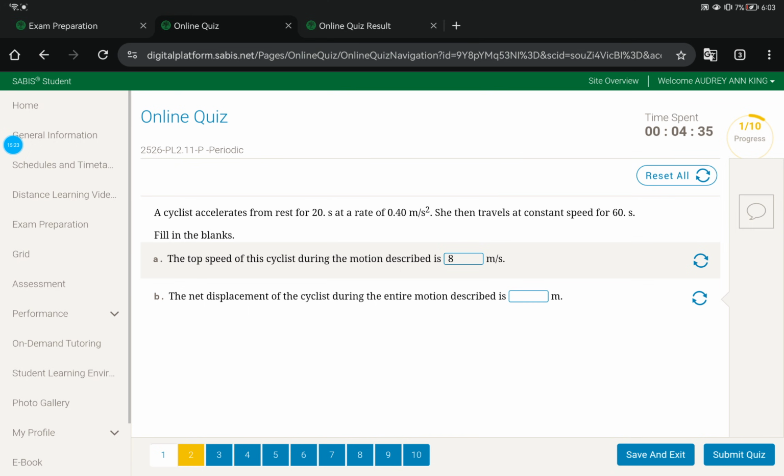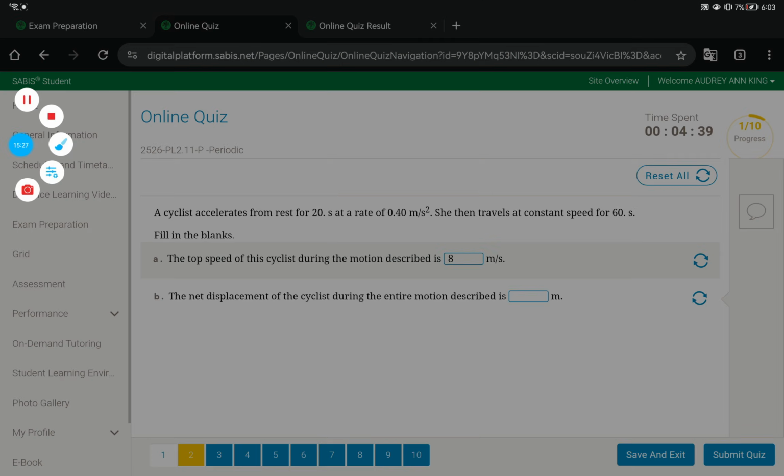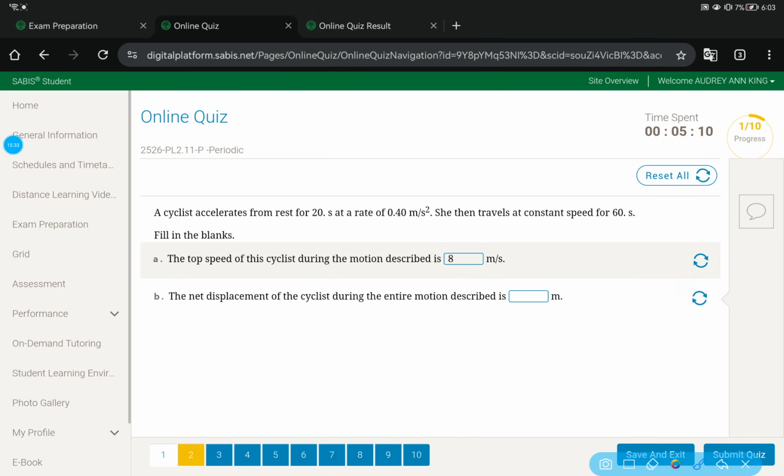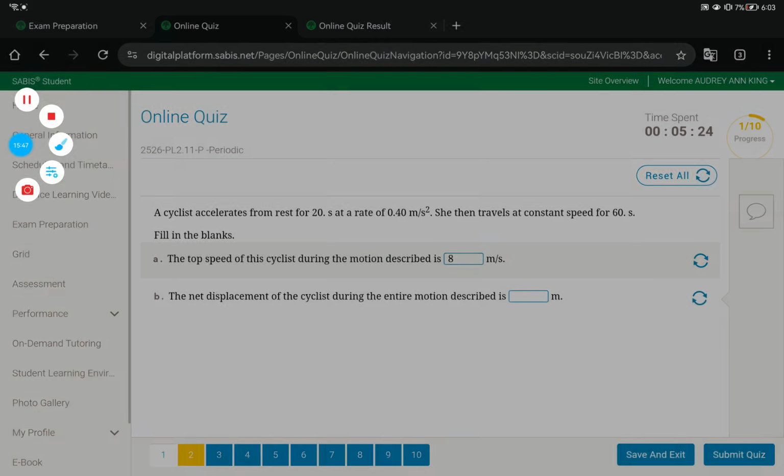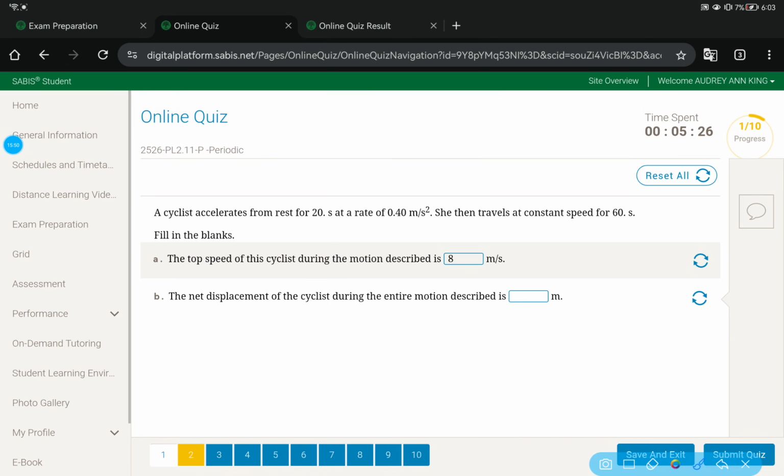For part B, the net displacement of the cyclist during the entire motion described is blank meters. Now we're going to be solving for the first part using the formula displacement equals half of a t squared plus initial velocity times time. I'm not going to keep it up because there's not going to be enough space.